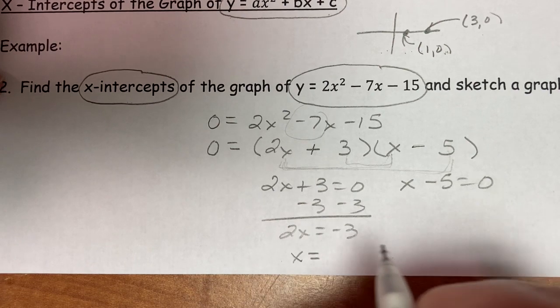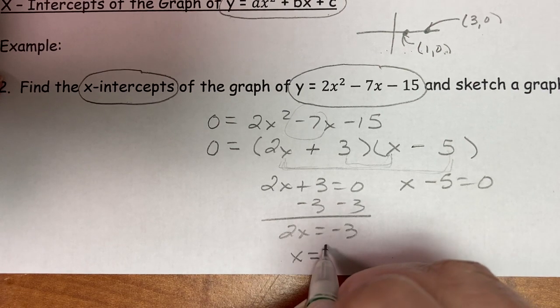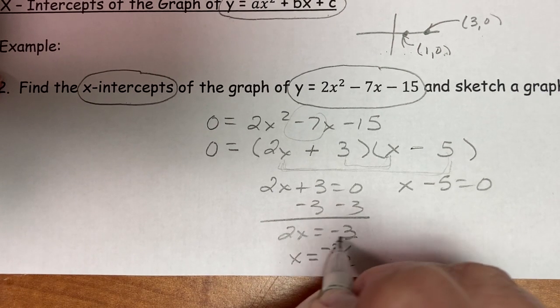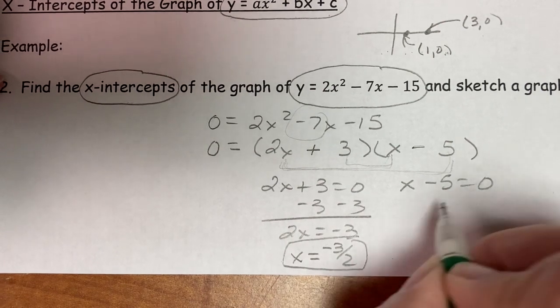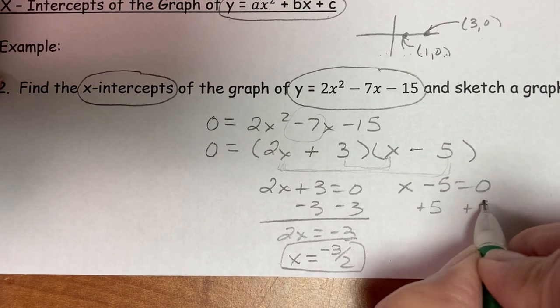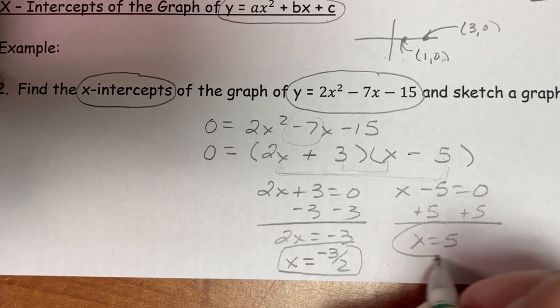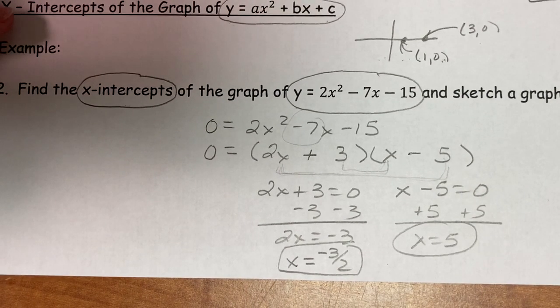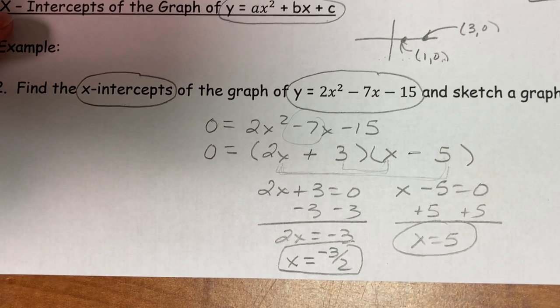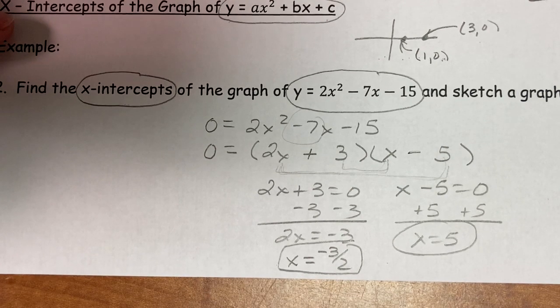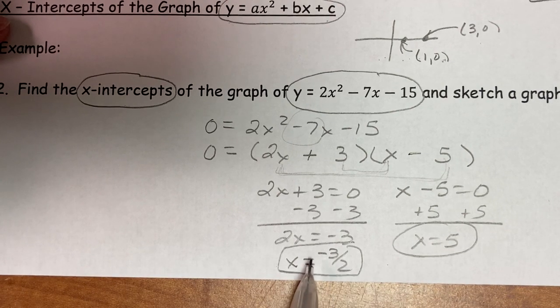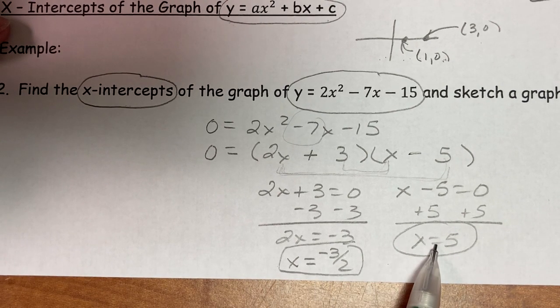And if I divide both sides of my equal sign by 2, I'm going to get -3/2 for one of my solutions. And adding 5 to both sides, I'm going to get x equals 5 for my second solution. So now, what did I just find? I found out that this graph crosses the x-axis at these 2 points.